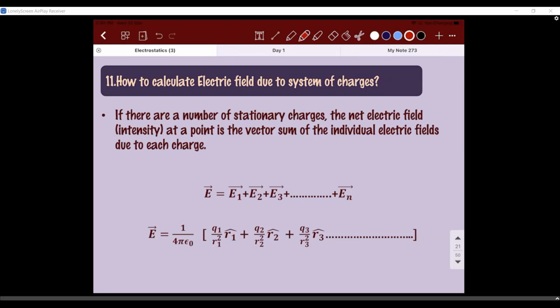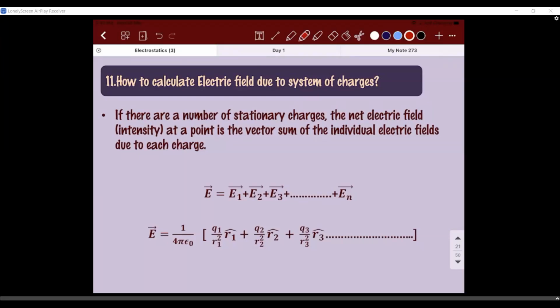If they want to frame a question based on force, what is the minimum number of charges they need to give you? 2, because what does Coulomb's law tell us? 1 by 4 pi epsilon naught, q1 q2 by r square. The numerator requires two charges. Whereas when they ask a question based on electric field, one charge is enough.